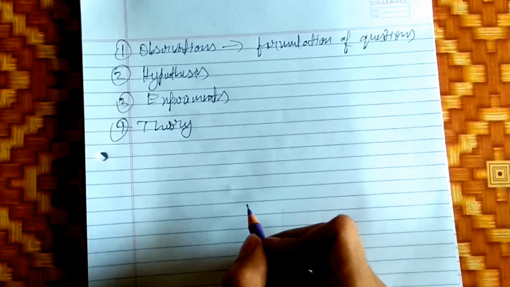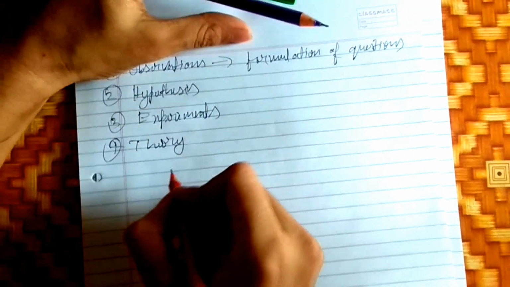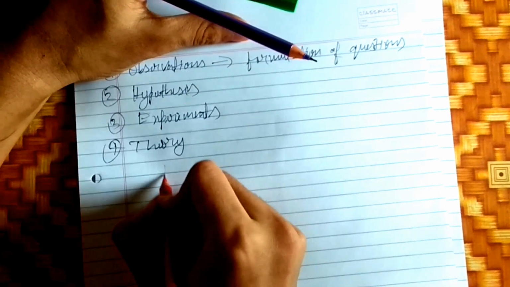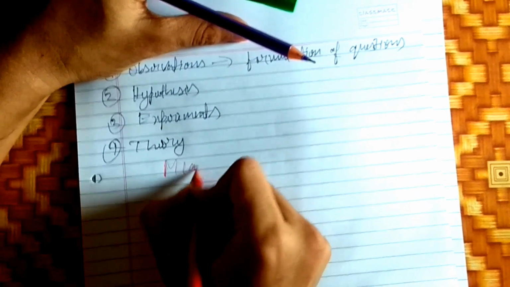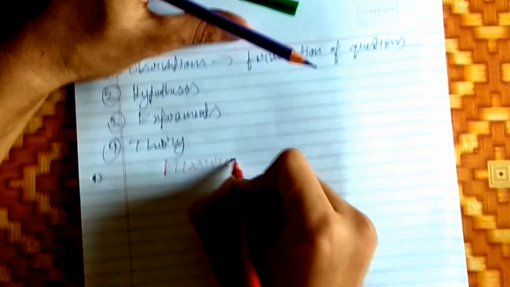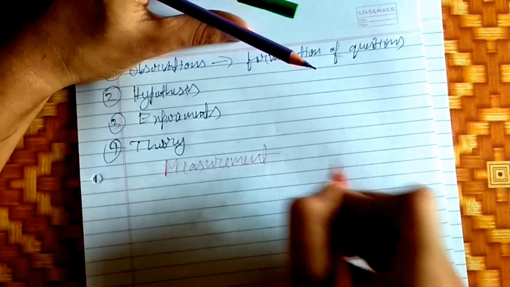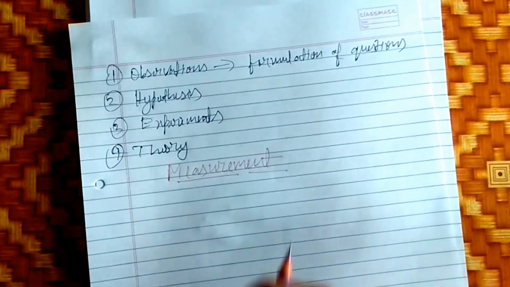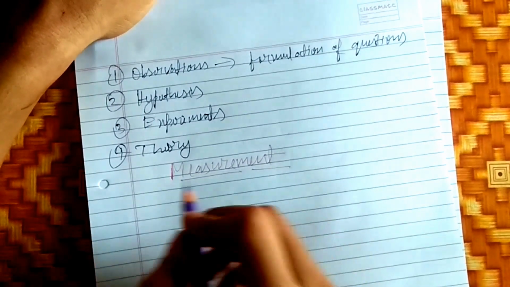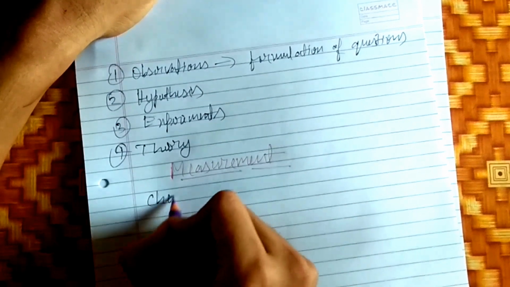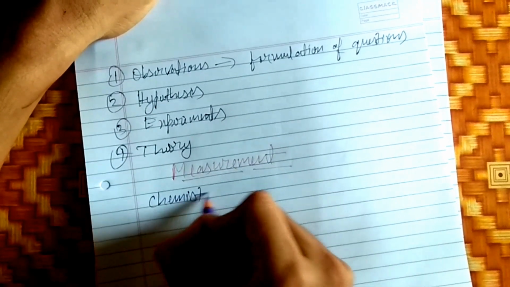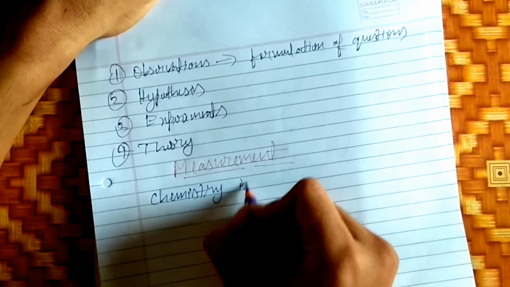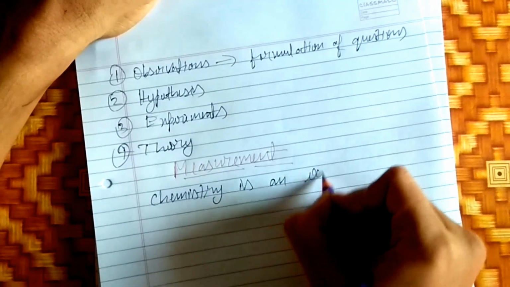Now the next topic is measurement. Since experiments are involved, chemistry is considered an experimental science.